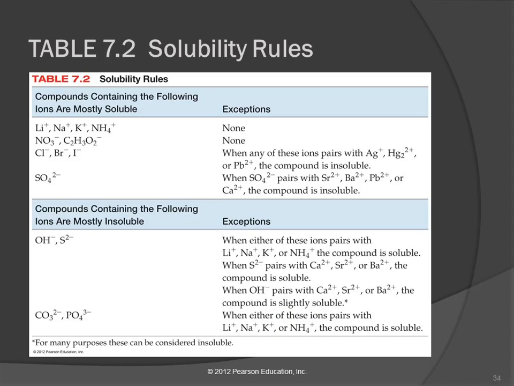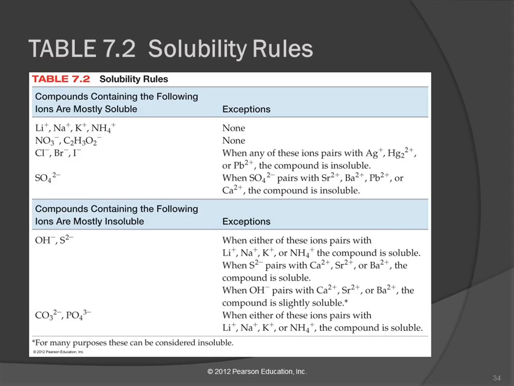What does slightly soluble mean? Well, it means a little bit dissolves. So we're generally going to need to break this into two groups, soluble and insoluble. Slightly soluble, we're going to lump in with the insoluble. A little bit dissolves, but it's mostly insoluble. And then we've got carbonate and phosphate, and those types of compounds are insoluble except with lithium, sodium, potassium, or ammonium.